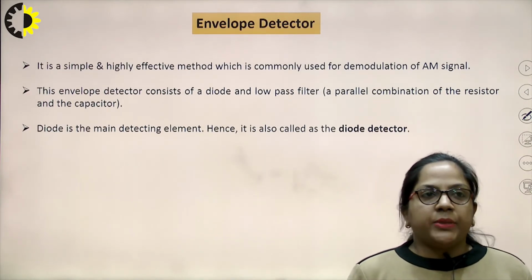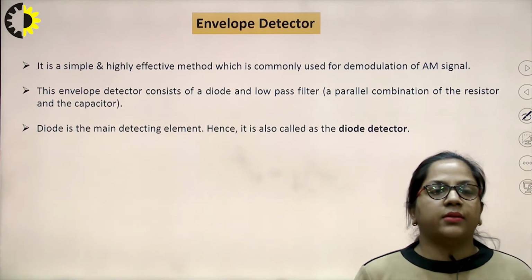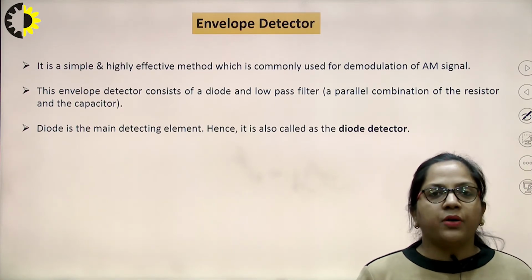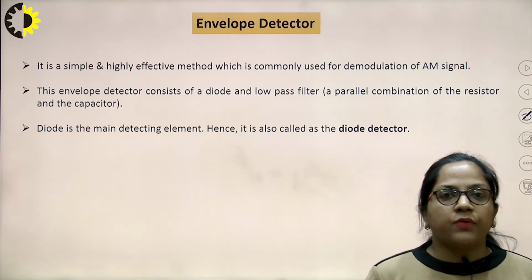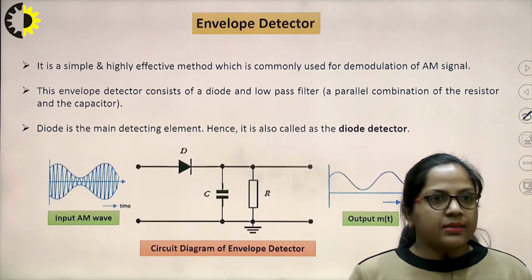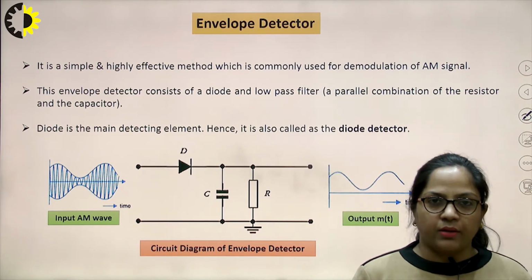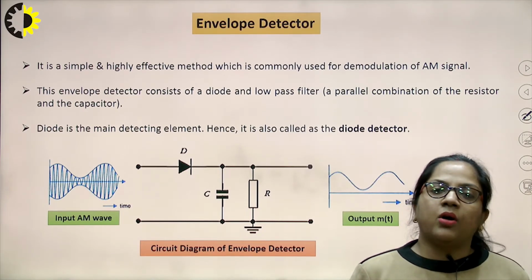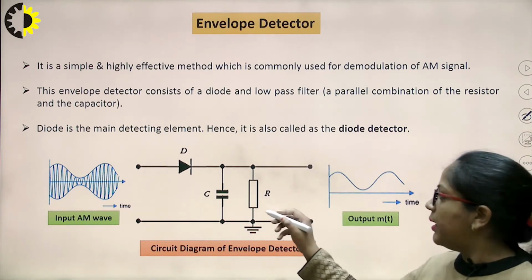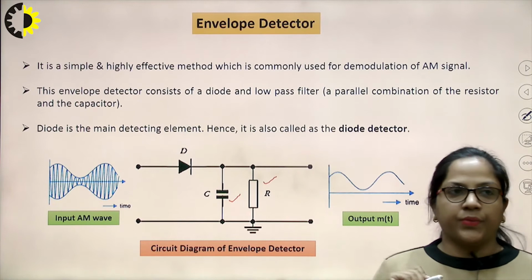What is an envelope detector? It is a simple and highly effective method with the help of which we can perform the demodulation of AM signal. This envelope detector consists of a diode and a low pass filter, which is nothing but a parallel combination of a capacitor and resistor.